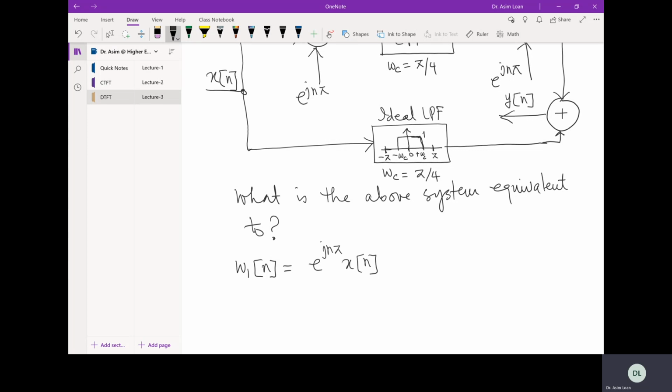So this is being frequency shifted. If I write the Fourier transform, W1 of e^{j omega} is simply X of e^{j(omega minus pi)}. Okay, so this is the frequency shifting property.